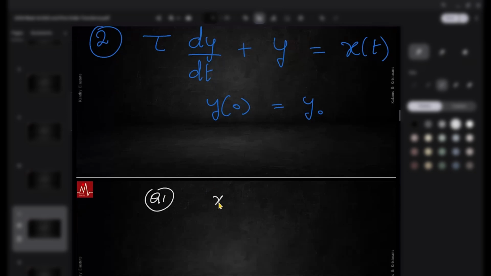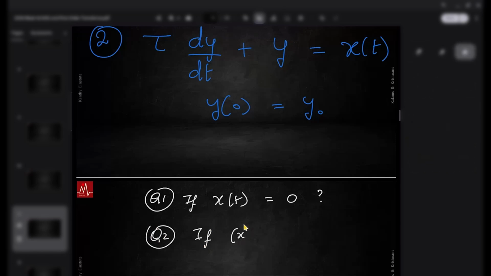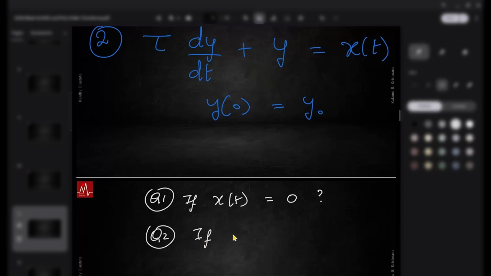What happens if x(t) is 0? Question 2. If x(t) is a step, in a suddenly you close a switch, the battery voltage is now seen in an RC circuit, for example.